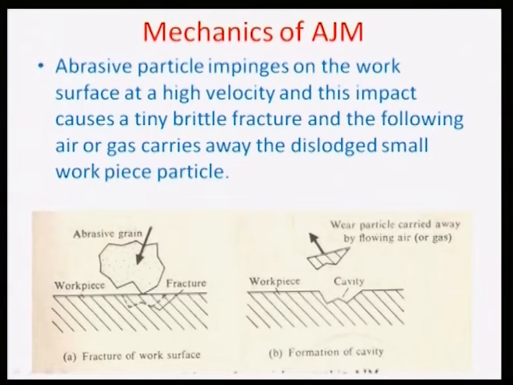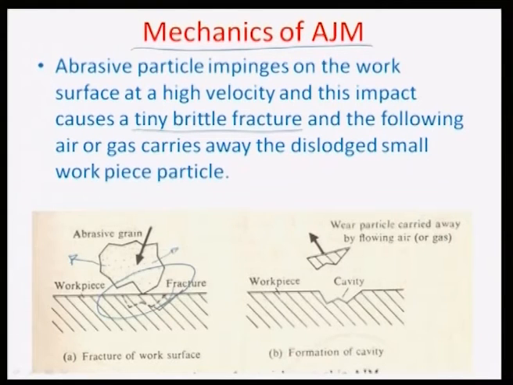As far as the mechanics of the AJM process, it really works by creating tiny brittle fractures on the surface, which gets impinged by the abrasive particle at a high velocity. As I have already illustrated before, for example, this is a fracture which is happening on this particular surface by an impinging grain, and the velocity of the air which flows along with this grain is sufficient to dislodge it from the work area and carry it out.